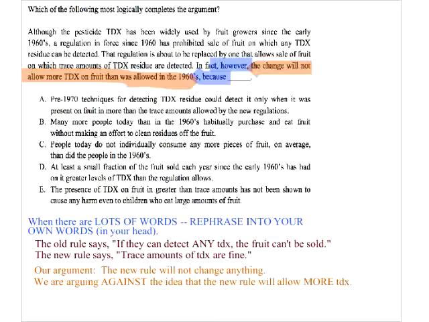So we need some sort of thing that you can treat as a weakener, or you can treat it as like an explain the discrepancy. It's a very similar situation in this case. But we need something that shows that the results of no TDX allowed are the same as the results of trace amounts allowed.